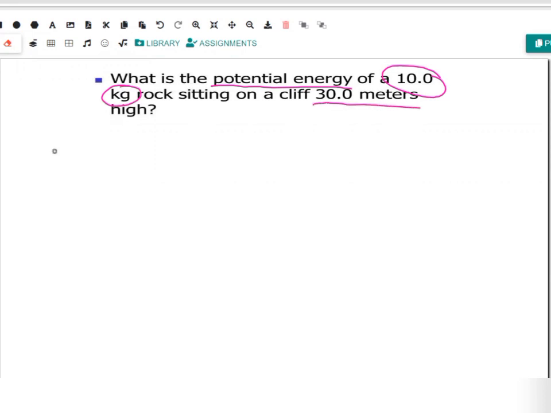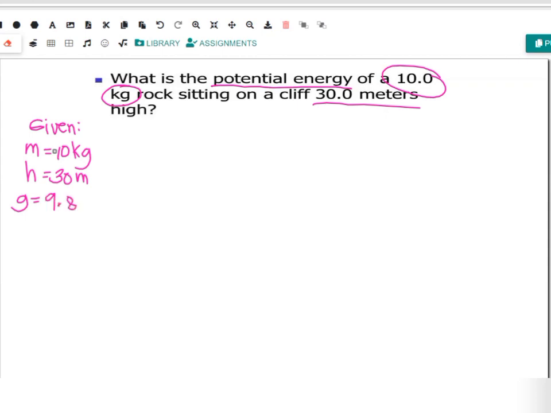So of course, the first thing that you have to do is to write your given. So ano na yung mga given dyan? We have here 10 kilograms. And of course, 10 kilograms is your mass. Okay, then ano pa? Given here is your 30 meters. And 30 meters is your height. Ano pa yung given? Given is also acceleration due to gravity.